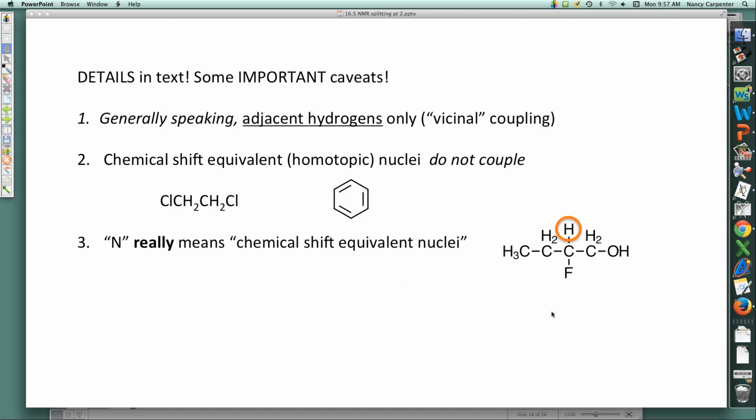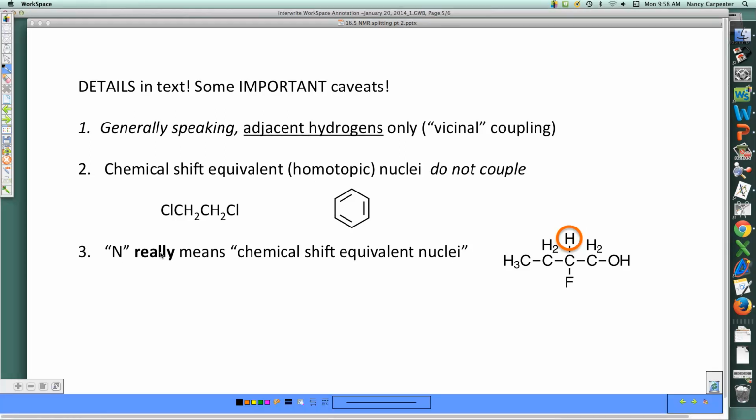So if I were looking, for example, at this particular molecule and trying to predict the pattern for the orange circled hydrogen, well, by the n+1 rule, I'm not sure what I'd do, because these guys are H sub A and these guys are H sub B. These hydrogens and these hydrogens are not chemical shift equivalent.